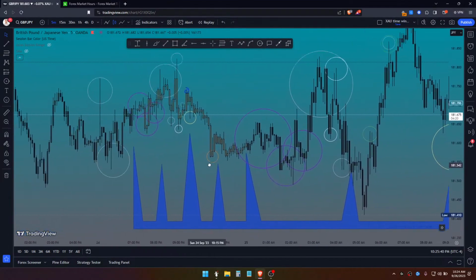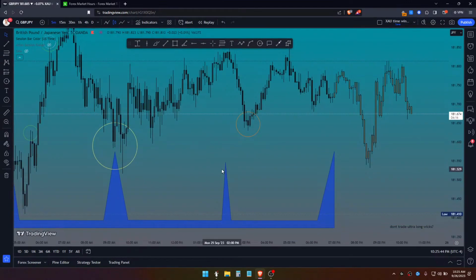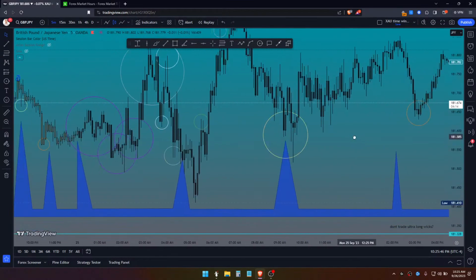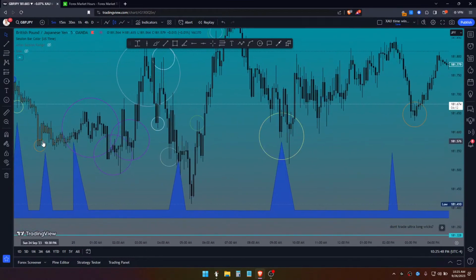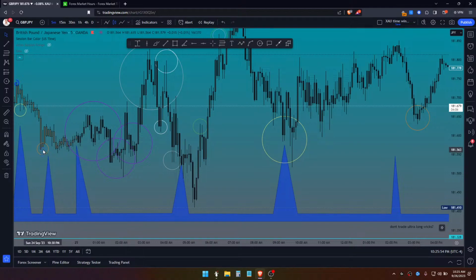What is that? Yeah, 3/4 way through the day. Did that work out? This is just after 3/4. So timing's a little bit off there. So it could even be that 3/4 way through the day, it could be this candle here. Even though the downwards move is different.